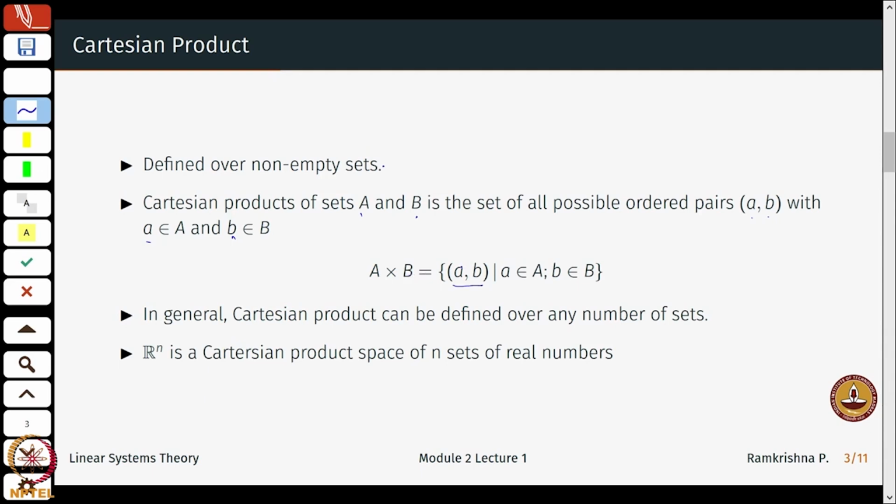So there is nothing really that is defined over two sets. You can still define it over any number of sets. So a simple example is the space R^n, or the n-dimensional space, is a Cartesian product of n sets of real numbers. So much of these things will be clear in detail as we go by.